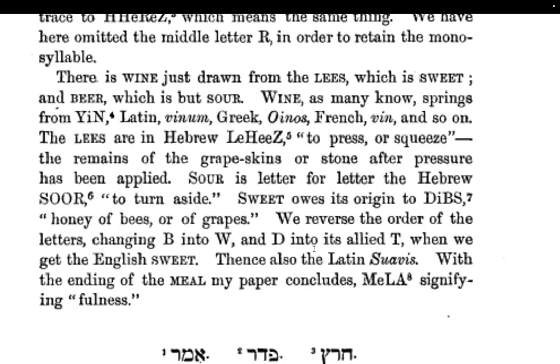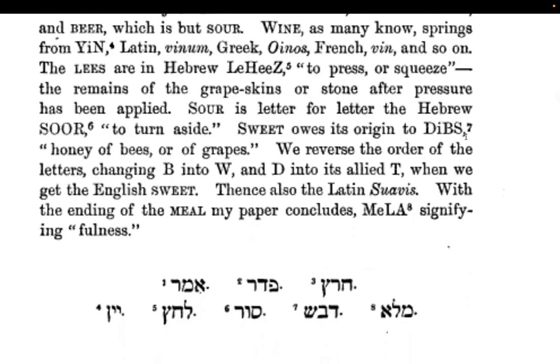Sour is letter for letter the Hebrew sor, to turn aside. Sweet owes its origin to dibs. Honey of bees, that's the divash, is right, dibs, right? Honey of bees or of grapes.